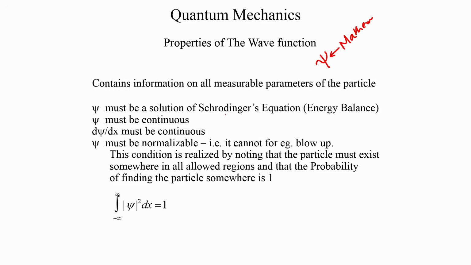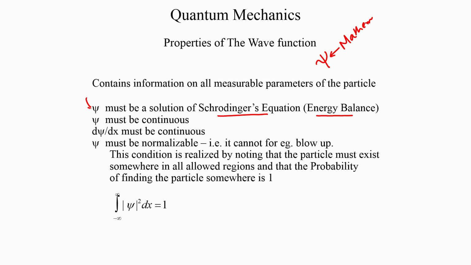And the very first rule is that the wave function must be a solution to something called the Schrodinger equation. The Schrodinger equation is nothing but an energy balance equation or an energy conservation equation, which says the kinetic energy plus the potential energy is equal to the total energy.